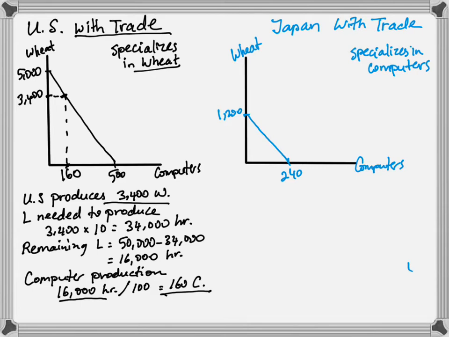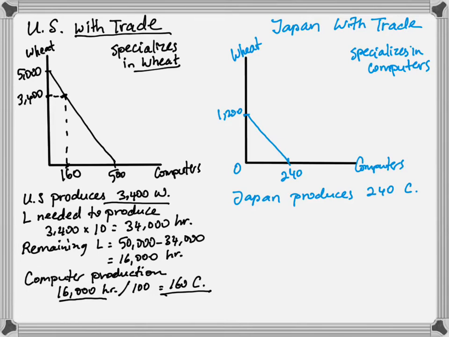And in that case, let's see what would be the new production choice. In our example, let's now assume Japan produces 240 computers. And remember, if this country produces 240 computers, there's no resources left to produce any wheat.